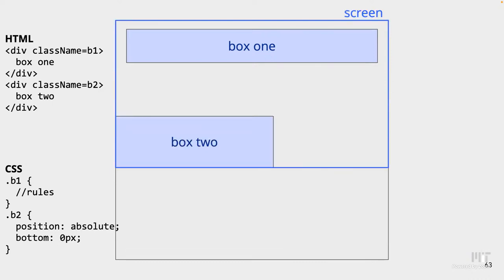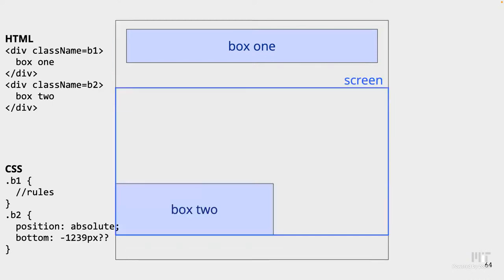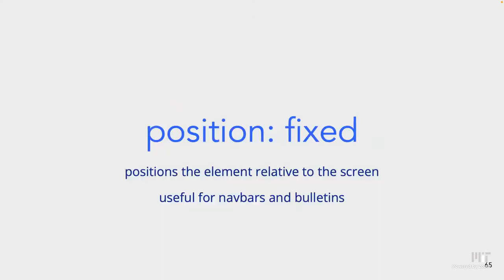If you want it to sit at the bottom of the screen, no matter where on the page your screen is, like how much you've scrolled, then we can't quite use absolute for this because otherwise we would need some kind of dynamic value for bottom, which might be a little difficult to compute. A better approach to this would be using position fixed.